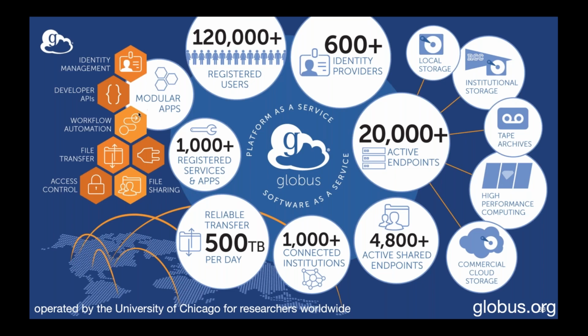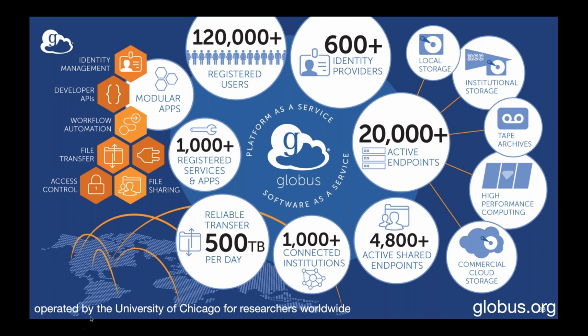I want to say two other things about this slide before we move on. One is go to globus.org to find out more about it. And secondly, what is our status? We operate Globus as a production service. We have a highly professional team that operates the service, achieving high availability, high security, and supporting the negotiation of BAAs for personal health information.